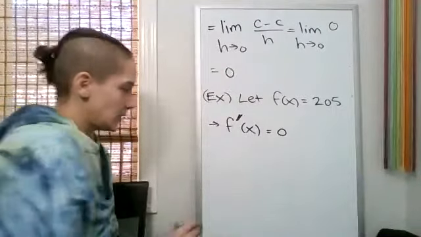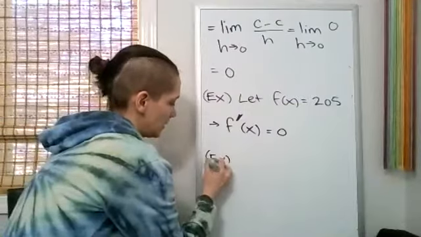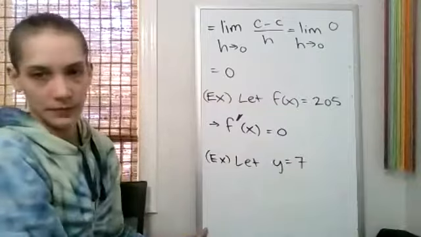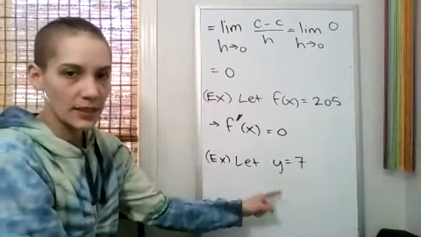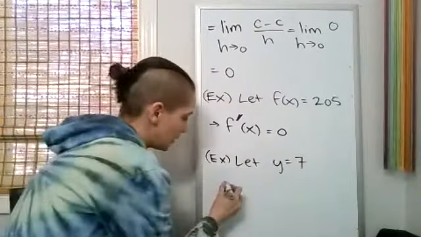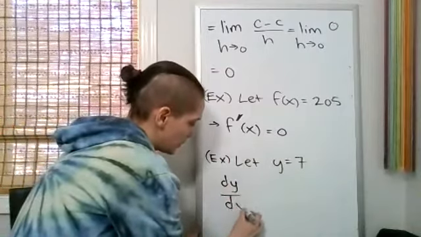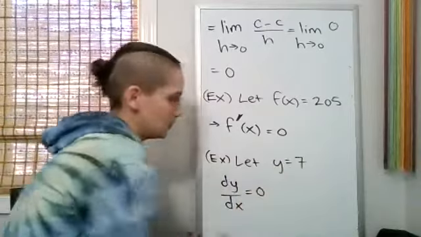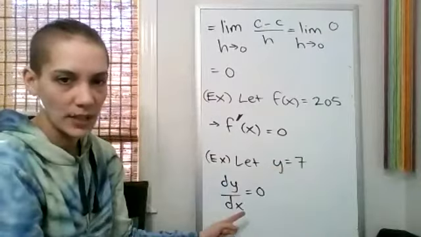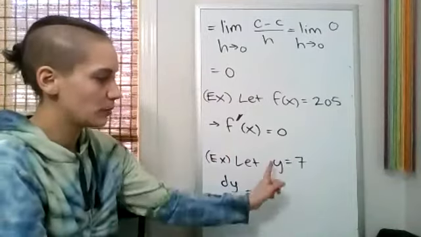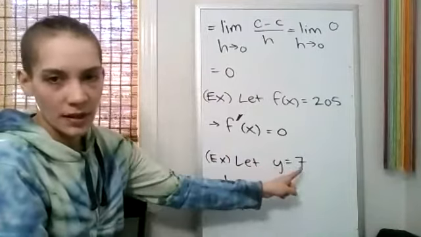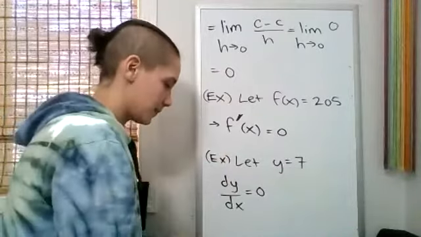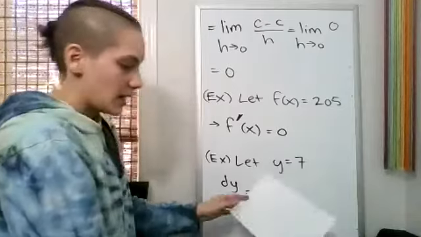All right, let's do y equals 7. dy dx, the derivative of y with respect to x, will be 0. It's just some number right there. Always going to have a 0 as the derivative when your function is the constant value. I think we can go on.